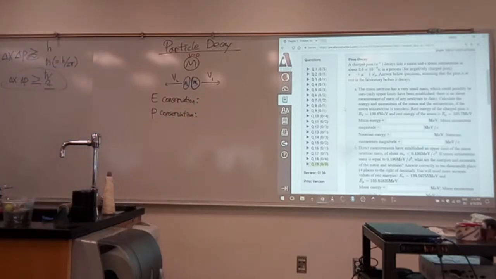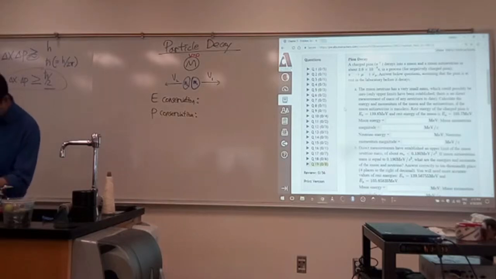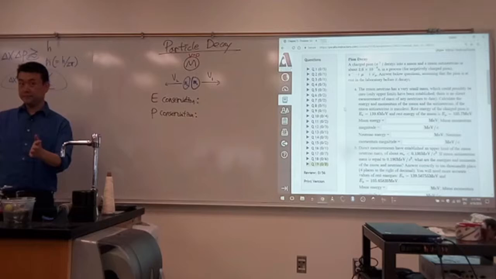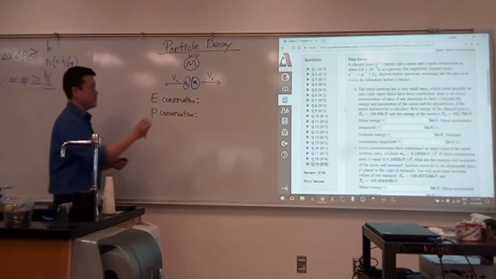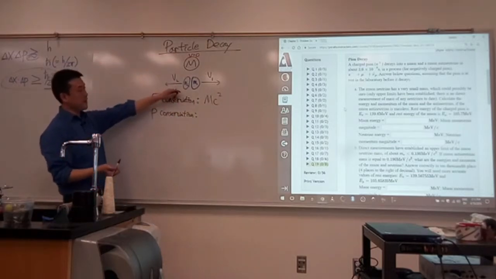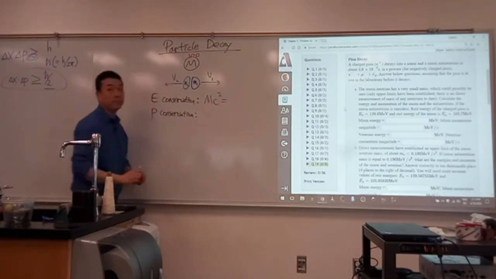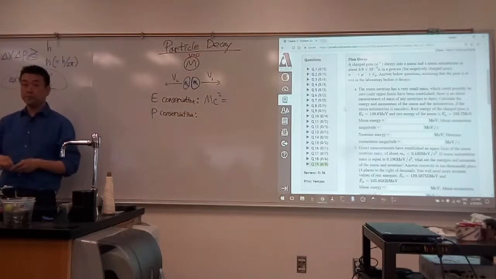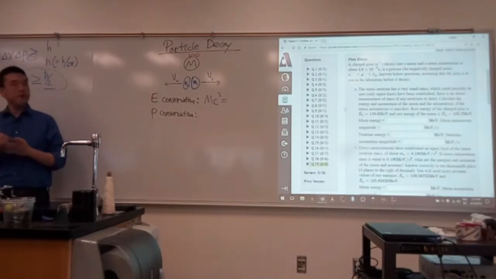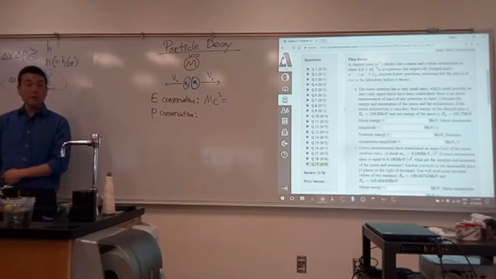So what's the energy of this system before decay? Hopefully no one here is thinking 0. It's the rest energy, mc squared. What's the energy of the system after decay? Gamma m1 c squared plus gamma m2 c squared. This is where you start to introduce gamma.